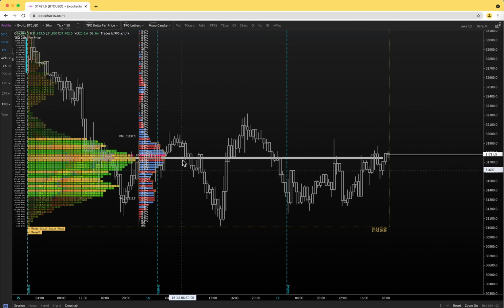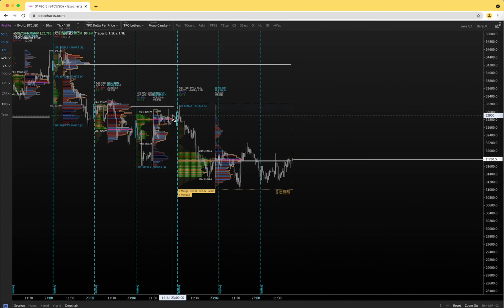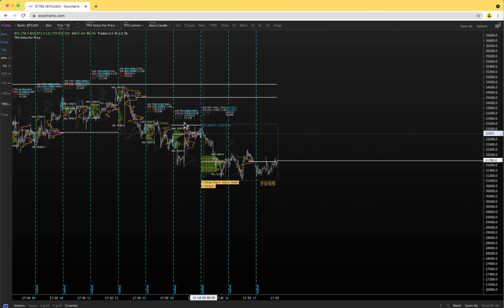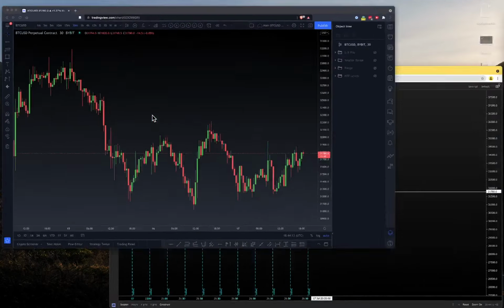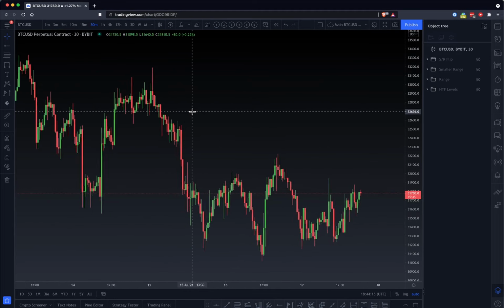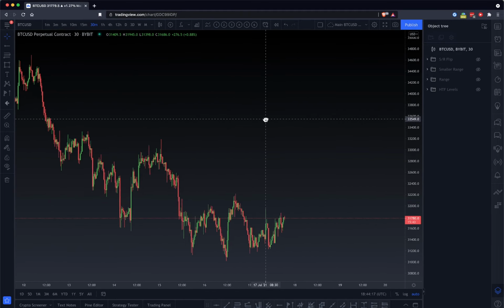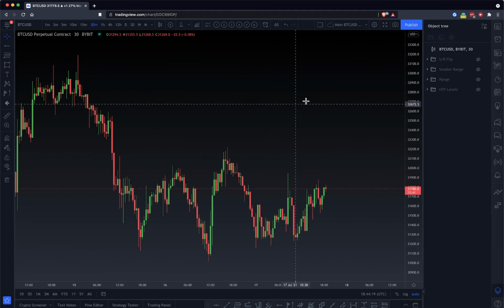We are in this region, but we need to break above this value area high and get some follow through to go back into a bigger short, smaller range. So we have ranges inside ranges inside ranges. That happens, but here it's getting very long, like 2 months we are in this. Okay.